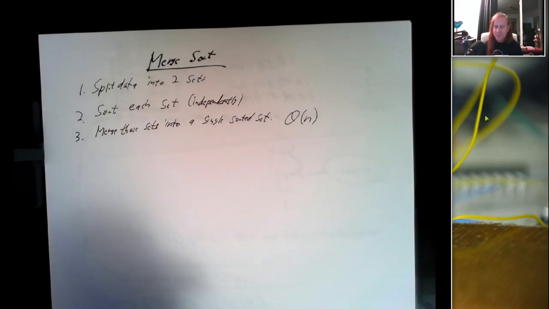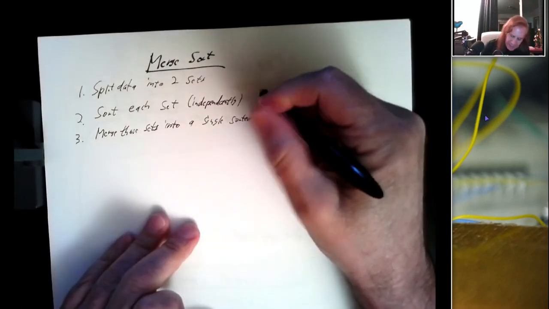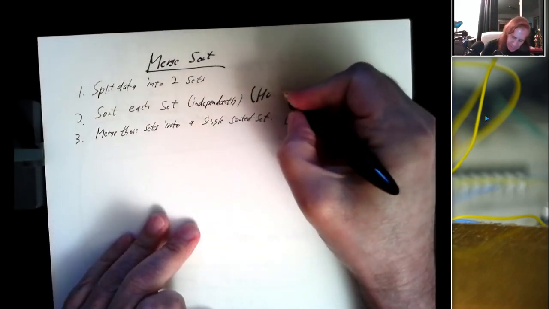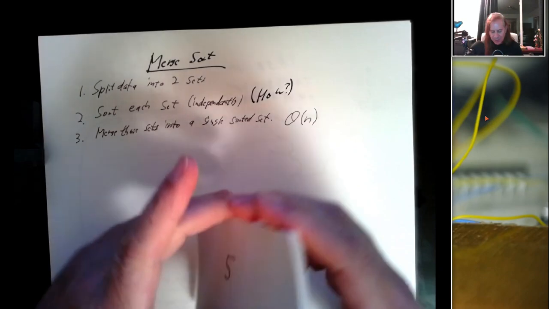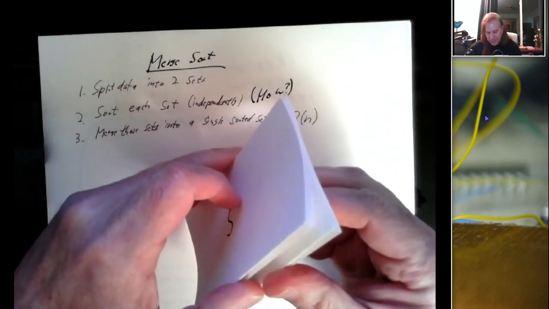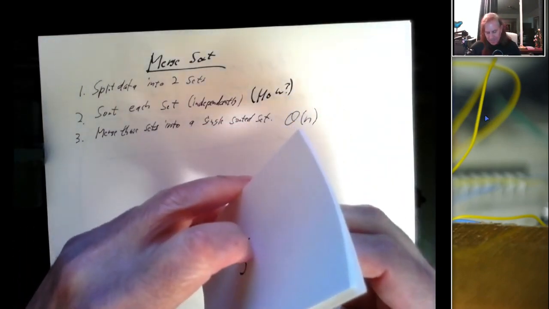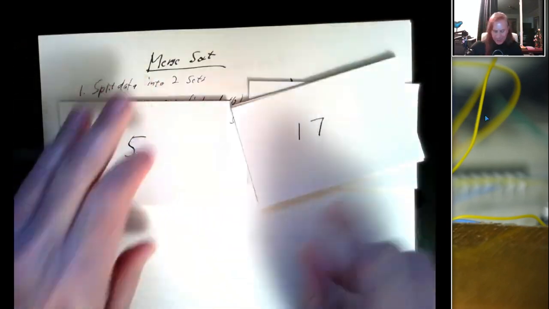And so this is a pretty efficient sort, but we still have to deal with this question of how do we sort each of those sets. Remember, we started with a big set of data, we split it in half, and we said, okay, sort this half, and then merge them together.